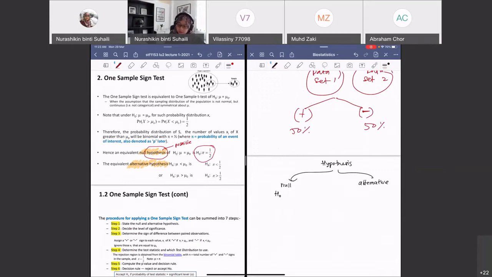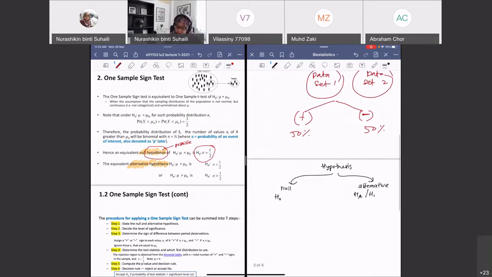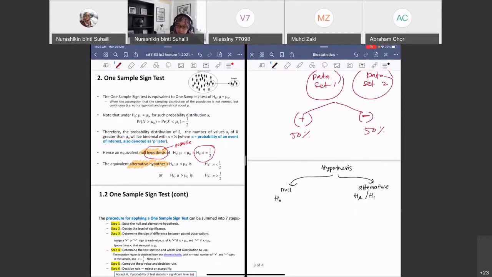H naught. And alternative, we put it as HA or H1 also here. Okay, what is meant by null hypothesis? As I said just now, null means nothing happened. You are comparing two things, but there is no change, there is no difference. So if you denote the data set 1 as mu1 and data set 2 as mu2, you can say that mu1 is equal to mu2 because it's the same, right?